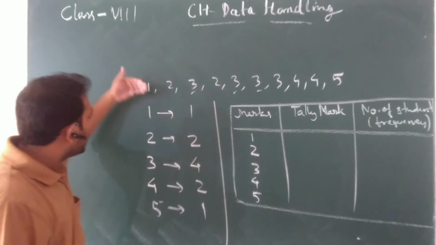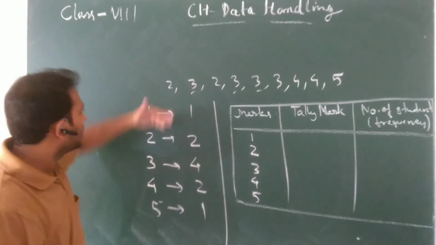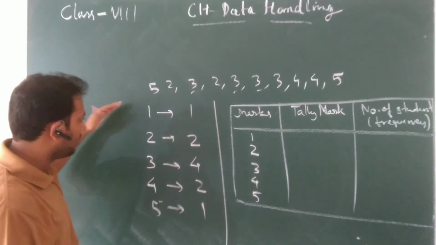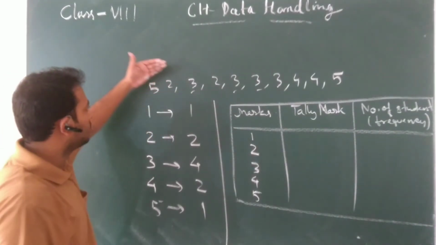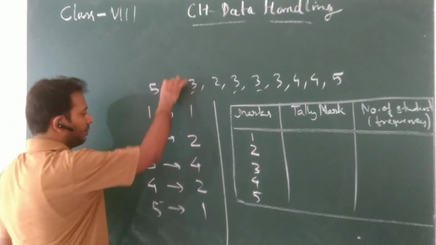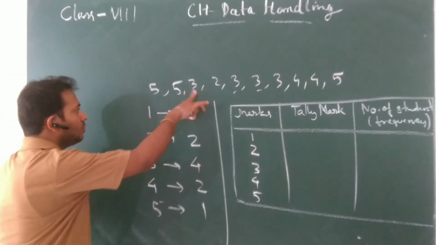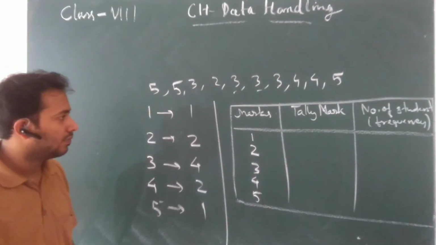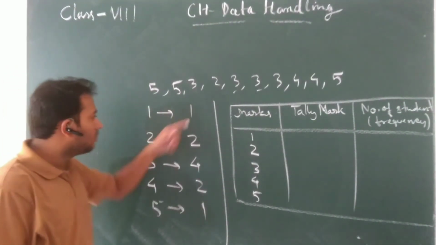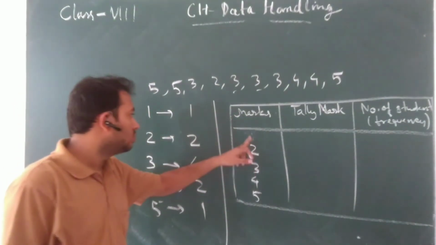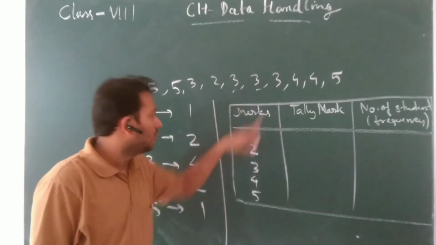Now, think that we take different data. Think there is no 1, and one more 5 is there. We'll take different data and try to keep it in a table form. We don't have 1, so we will not write it. Starting with 2, 3 is also here, 4 is also here, and 5.